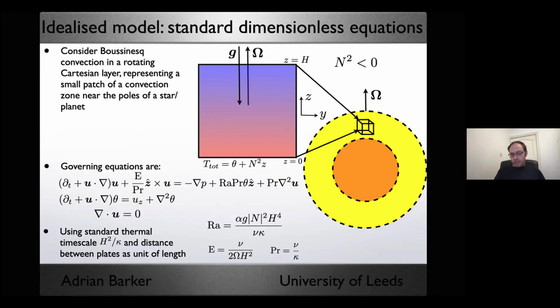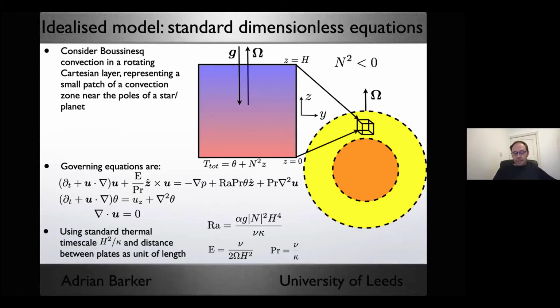One is the Prandtl number, the ratio of viscosity to thermal diffusivity. And the other parameter appears in the Coriolis term, the last term on the left-hand side of the first equation. This involves the Ekman number, which is the ratio of viscous forces to Coriolis forces. So we only need three dimensionless parameters in this problem to determine what happens in rotating convection.